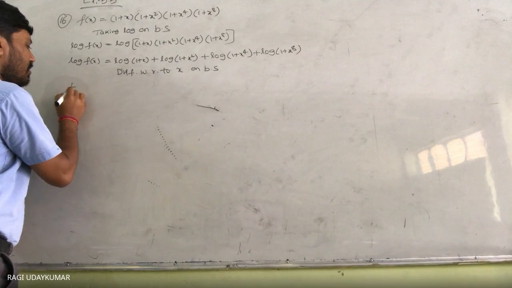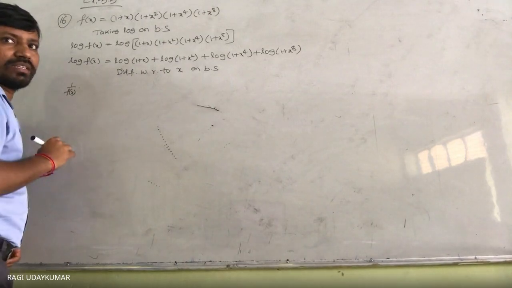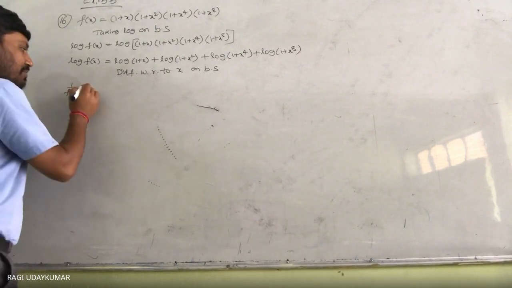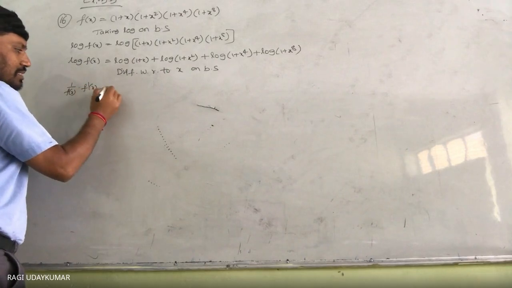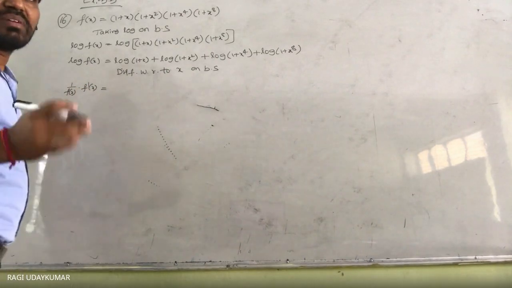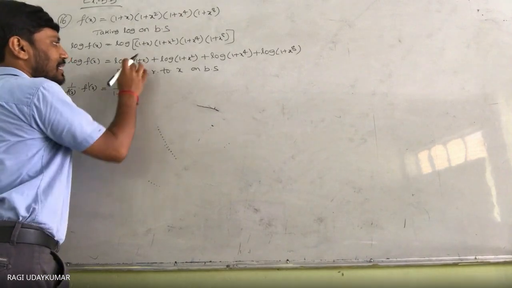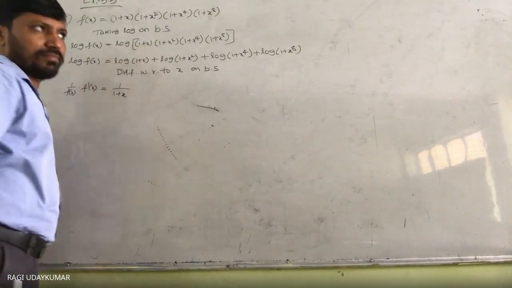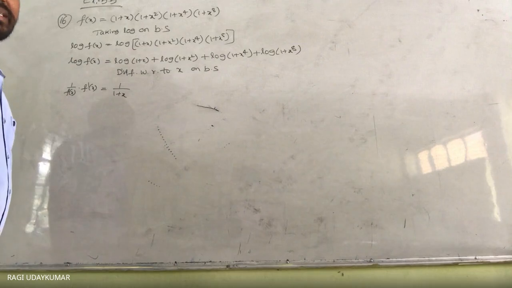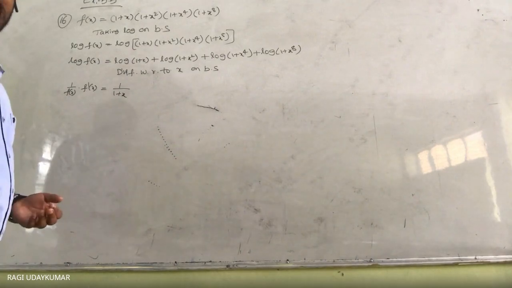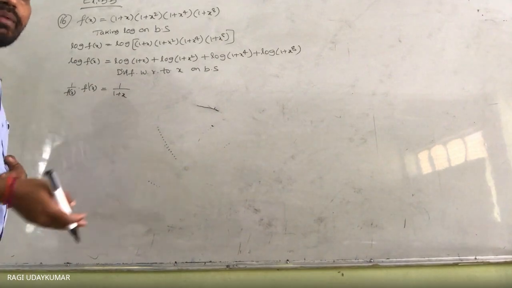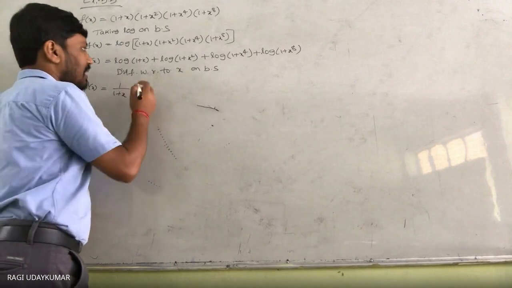So what do we get here? Differentiation of the log f of x is 1 by f of x, and the differentiation of the f of x can be written as f dash of x. So 1 by 1 plus x, differentiation of the 1 plus x, d by dx of 1 plus x. I'm writing it directly, I'm not writing d by dx of, again the length will increase.